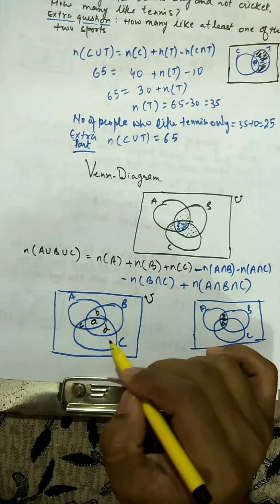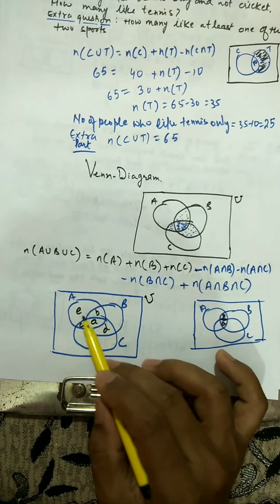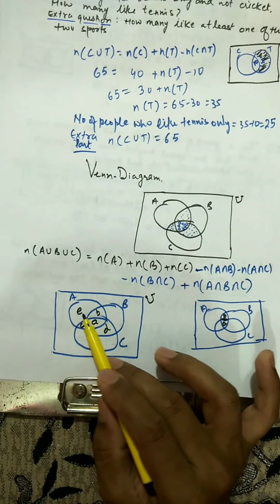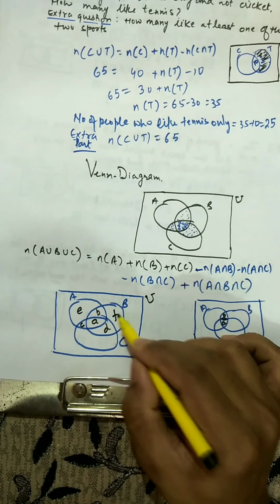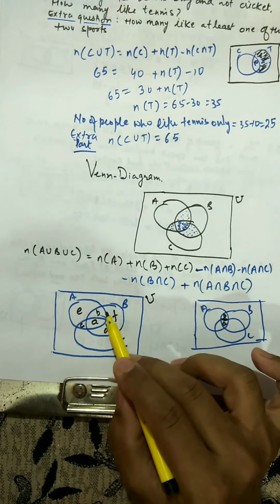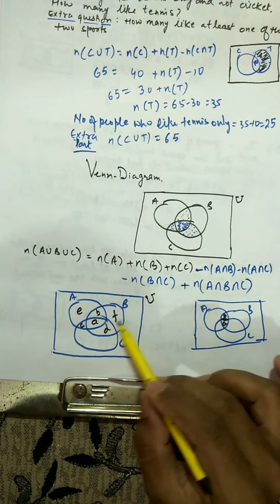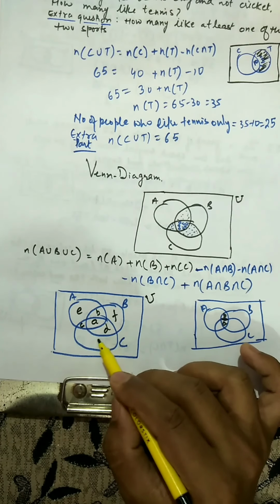Now a, b, c, d, you take this e. So e is the area which is representing A only. f is the area which is representing B only. B only means you are not taking a, not taking b, not taking d. You are taking f, means only B. And this is g.